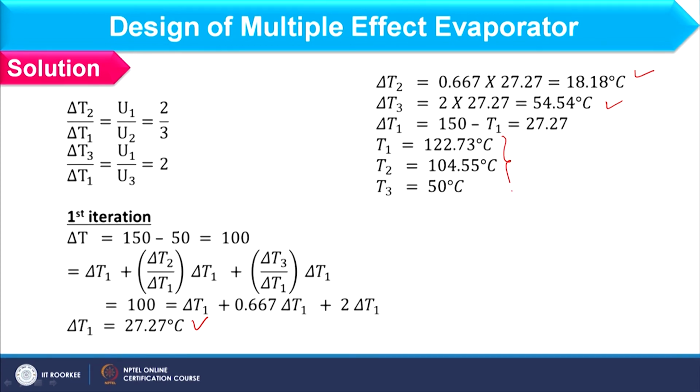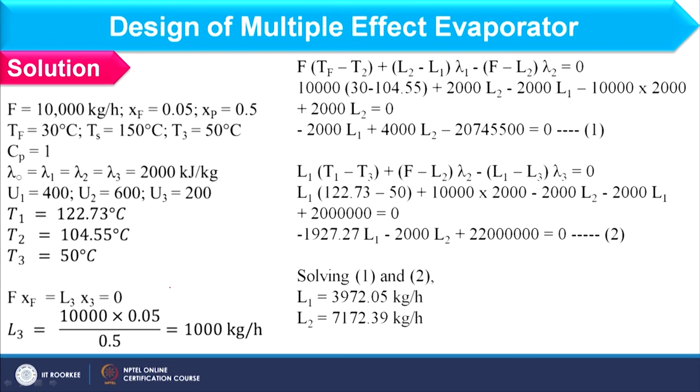So, T1, T2 and T3 you can find accordingly. As the product is exiting from the last effect, you can find L3 as 10,000 into 0.05 divided by 0.5, because 5% to 50% is the total concentration of feed considered in this example. Further we will focus on L1 and L2 calculation, as we discussed in the previous example.